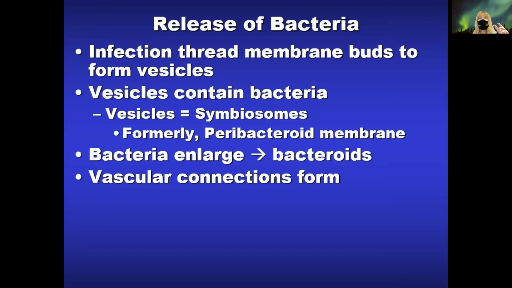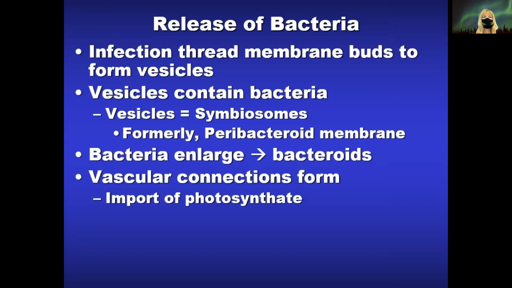And so you can actually see an increase in vascular connections into these nodules where the bacteria are, so that the plant can feed the bacteria, but also you need a way to get the fixed nitrogen into the rest of the plant. So it makes sense that these vascular connections are ramped up, and it's a two-way street. The bacteria are getting fed, but they will also give a lot of their fixed nitrogen to the plant.